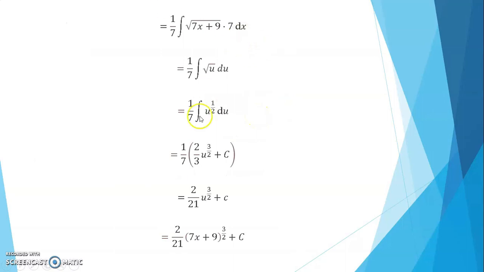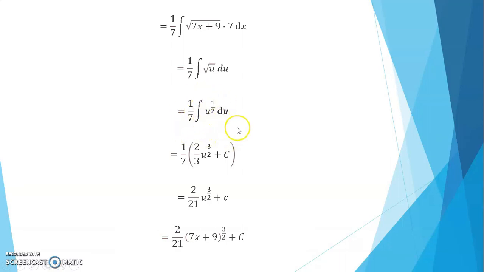It's the same. So here we have 1 over 7 integration of the square root of u du. To make our work easier, we rewrite the square root as u to the power of 1 over 2.